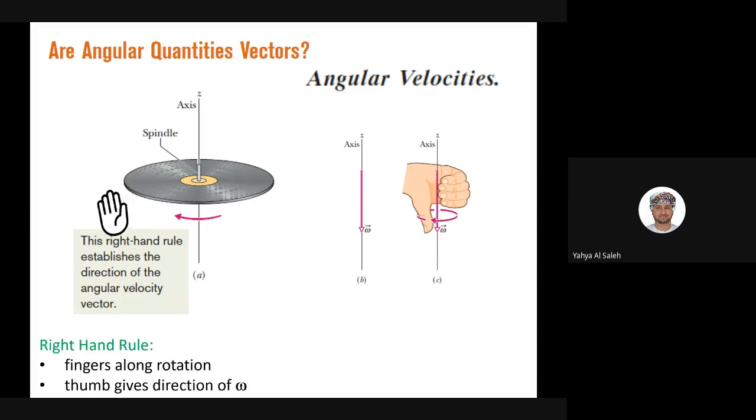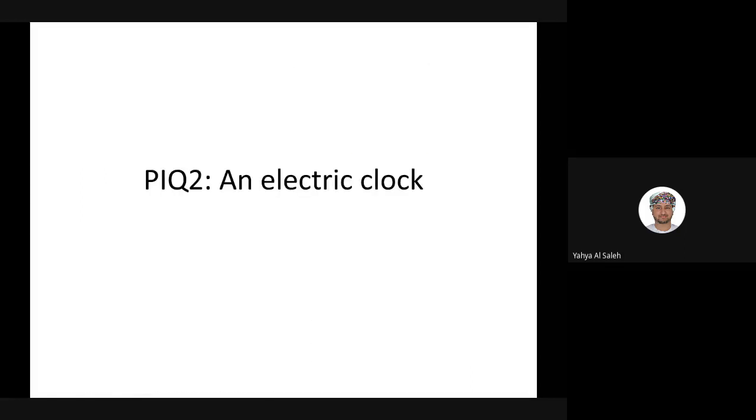So if my CD is moving clockwise, then my thumb would be down, so it's a negative angular velocity. If it's going counterclockwise, then my thumb would be pointing up and it would be positive.